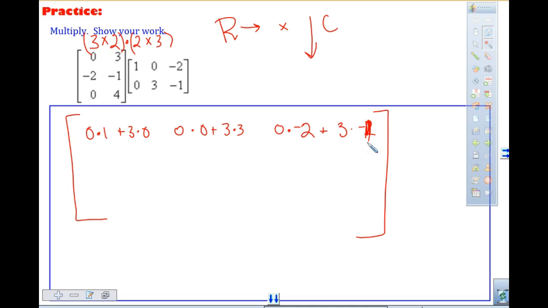Okay, let's go. Next one, Whitney, I'm taking negative 2 times, go down, 1 plus negative 1 times 0. No problem. Okay? If we keep going, Elena.